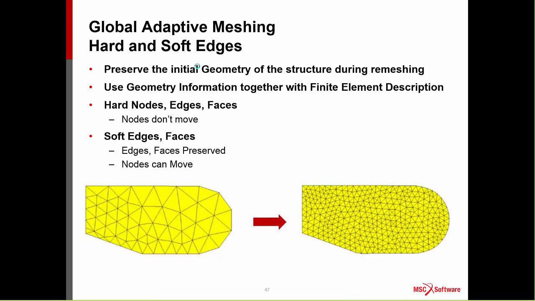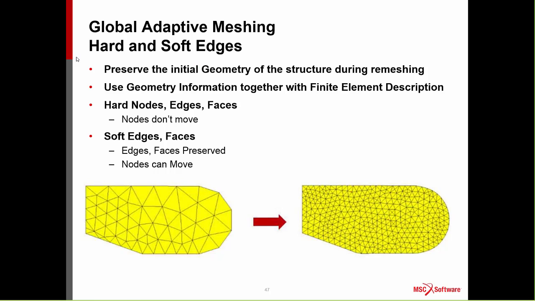Another area that I mentioned was we're always working to improve the fracture mechanics capabilities and the adaptive meshing capabilities. And in a certain sense, they work together. The whole idea is to improve the mesh. One of the things that we added was a concept that we call hard edges and soft edges, and projecting the new mesh to where we think it should be based upon where your old mesh is.